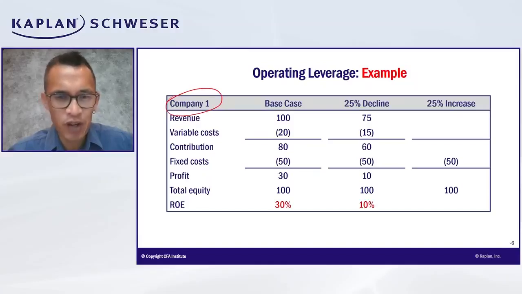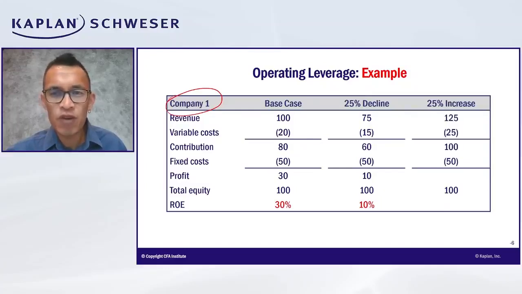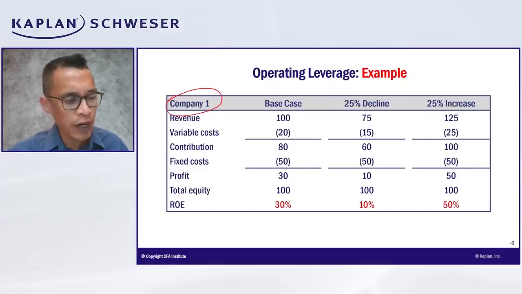Okay, we made these numbers nice and round, really easy. So great, that's pretty clear. Now the 25% increase in sales is going to lead to a revised profit of 50 and therefore an ROE of 50%. Okay. All right.